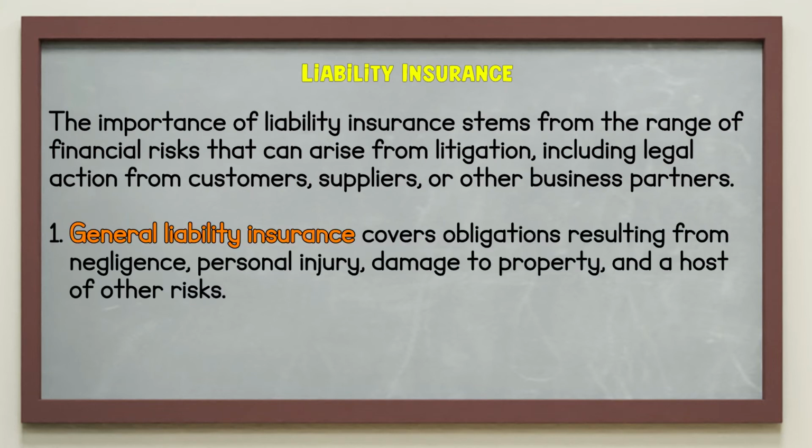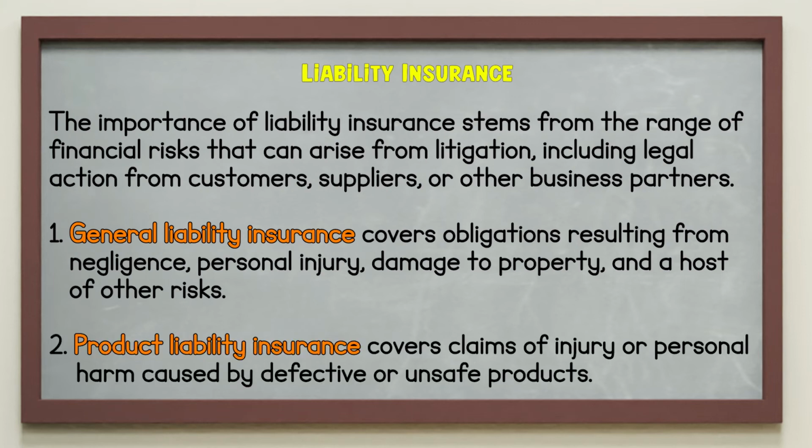Number 1, let us address the general liability insurance. The general liability insurance covers obligations resulting from negligence, personal injury, damage to property, and a host of other risks. Number 2, product liability insurance. Product liability insurance covers claims of injury or personal harm caused by defective or unsafe products.